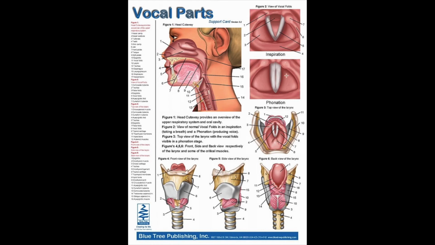The vocal cords then close to create a voiced sound, and that airflow flows right through the vocal cords, setting them in motion to vibrate, causing a sound source. Then we filter that sound through the pharyngeal cavity of the throat, the oral cavity of the mouth, and the nasal cavity of the nose.